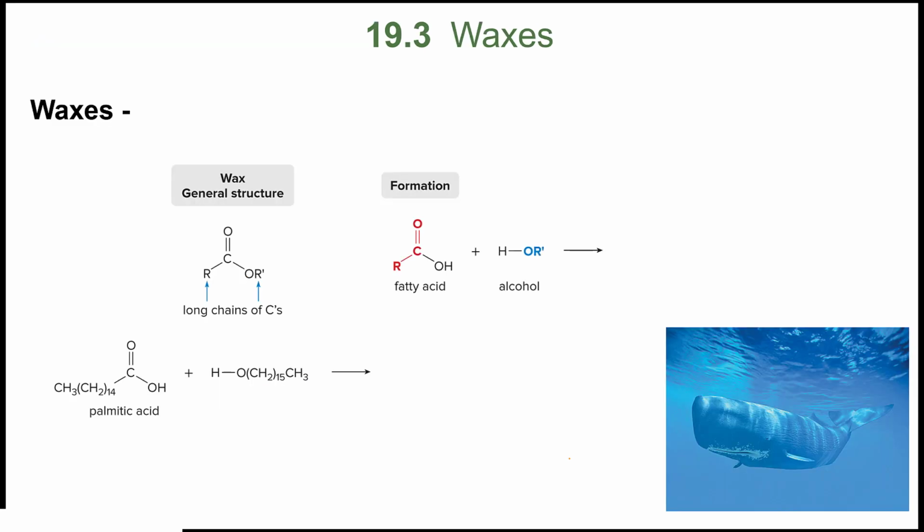Waxes are defined as being esters that are made from fatty acids and a high molecular weight alcohol. So the general structure of a wax just looks like an ester, but what makes it a wax is that it has long carbon chains.